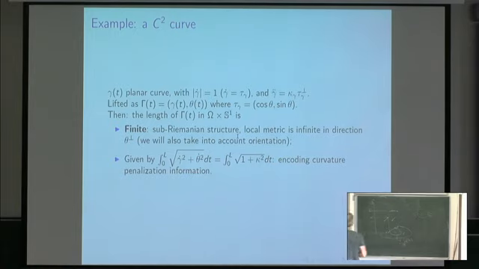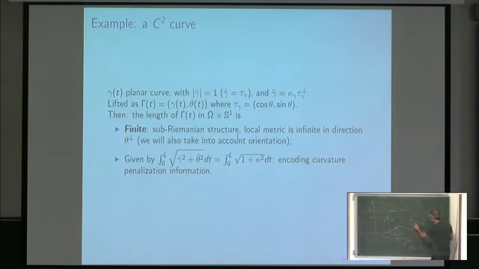And the length then is very simple to compute. So this will be large gamma of t. The length is simply the integral from 0 to L, parameterized between 0 and L, where gamma dot equals 1 and L is the length.